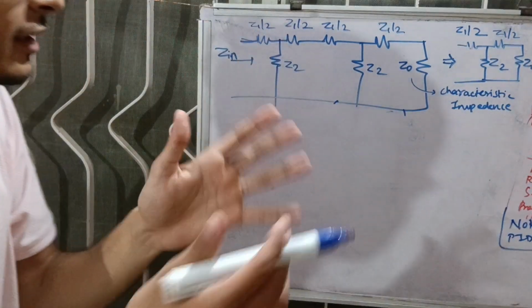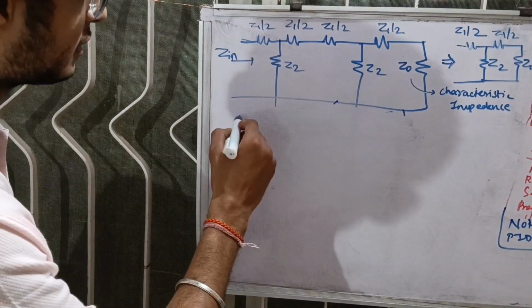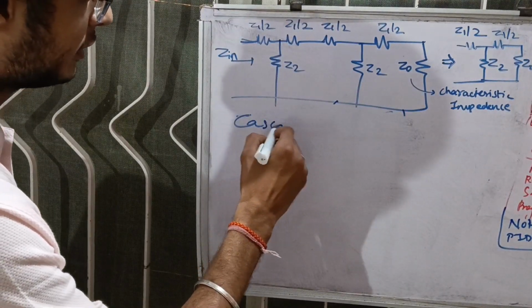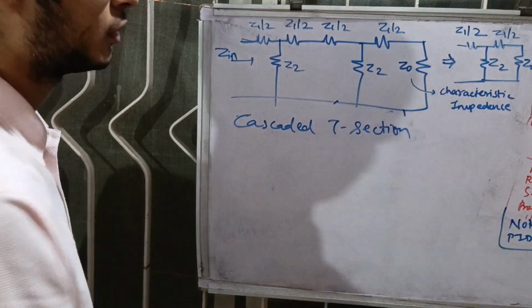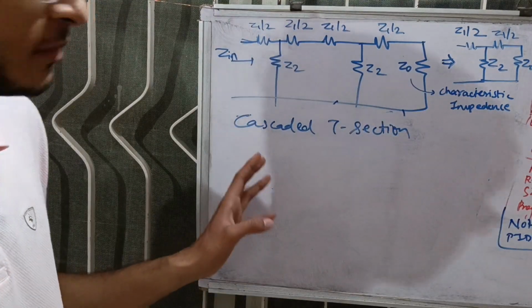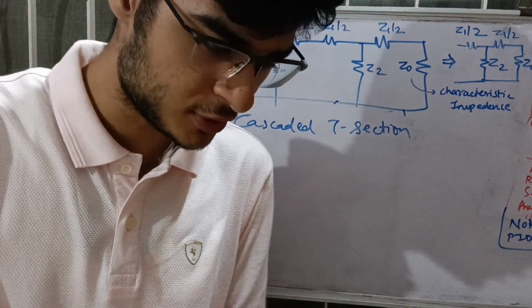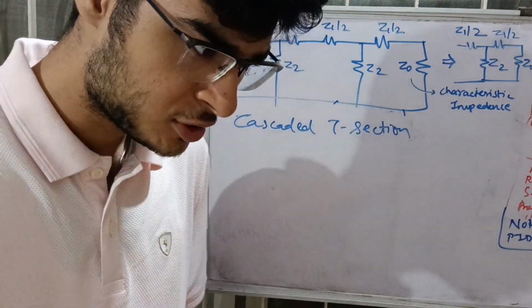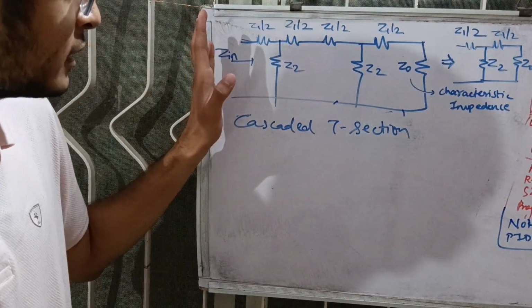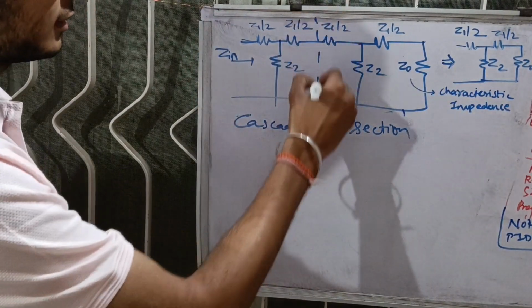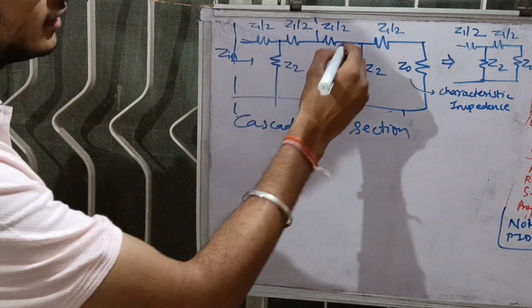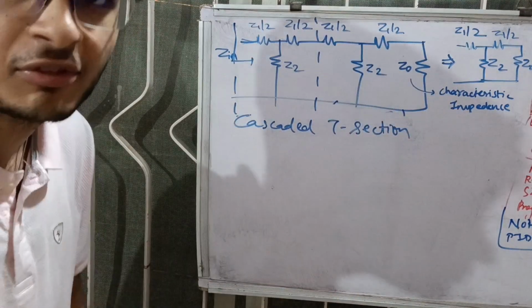As you can see, I have drawn this cascaded T section. Cascaded means one type of system is connected to another and it is spread out throughout. You can see there are a lot of T sections, continuous, and you can go on till infinity.